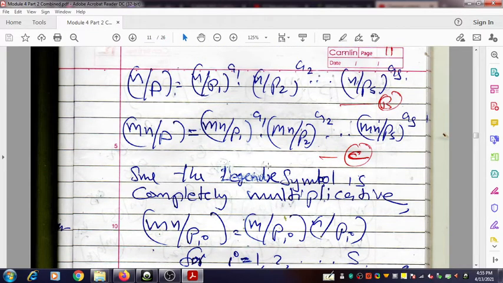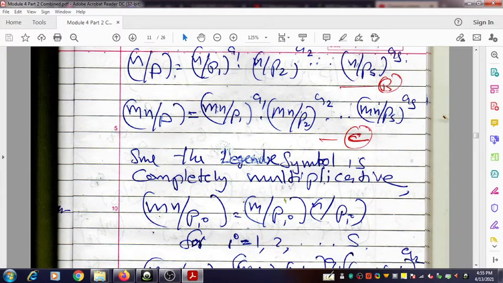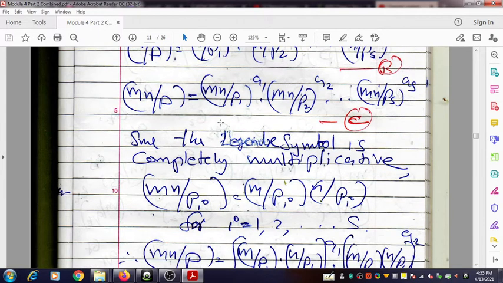Therefore, irrespective of the nature of m and n, you can split this quantity and get that (mn/p1) equals (m/p1) into (n/p1), so that you can write it as the product of two Legendre symbol values. And not only that, in every bracket you can do that.